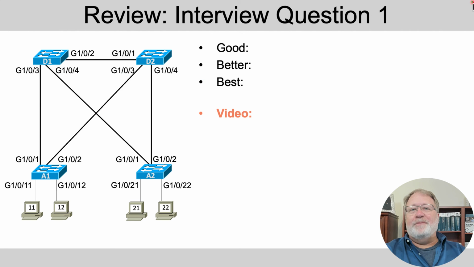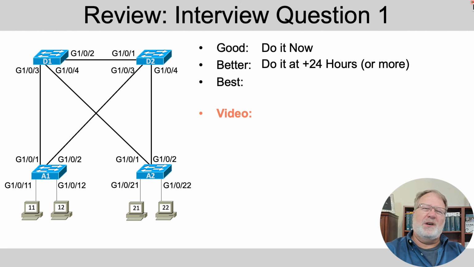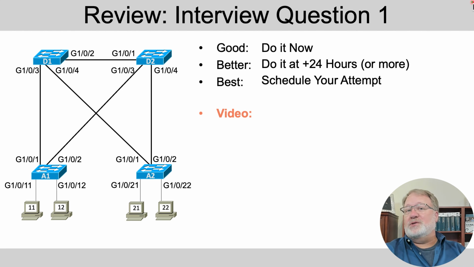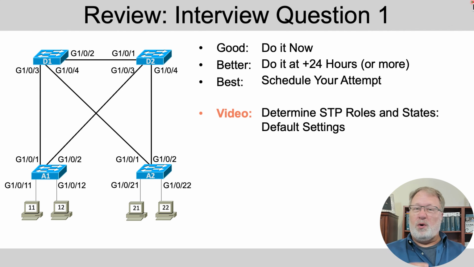All right, after that, I've got 2 review activities. They're both interviews. Say you walk into an interview, you see this drawing on the board, you might be asked, analyze spanning tree, tell me what happens, right? As always with these interviews, it's good if you do it. That's way better than not doing it. But it's better if you'll give it a day or two, and best if you'll schedule it so you don't forget. And there's an associated video where I'll walk you through it. Do it first before you watch the video. That's my only suggestion.